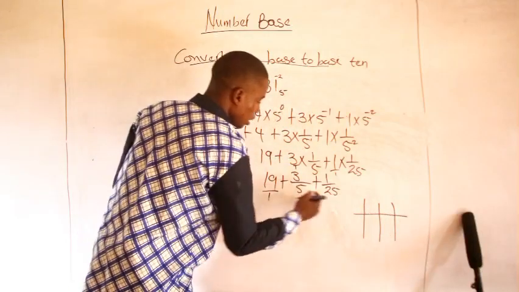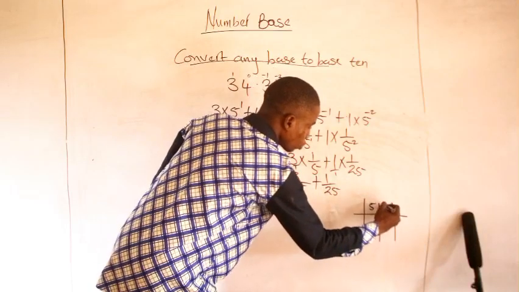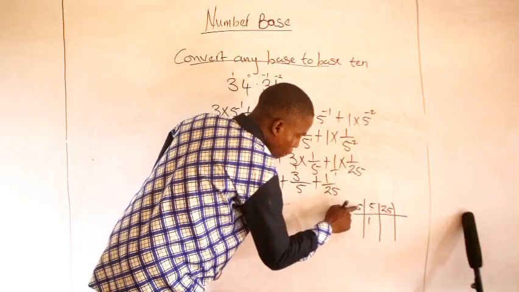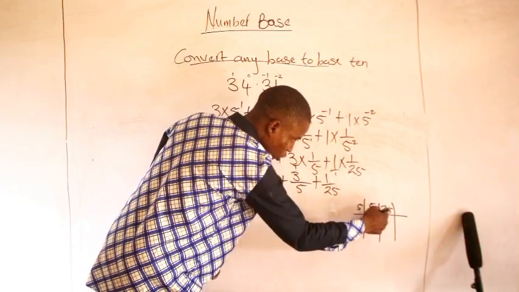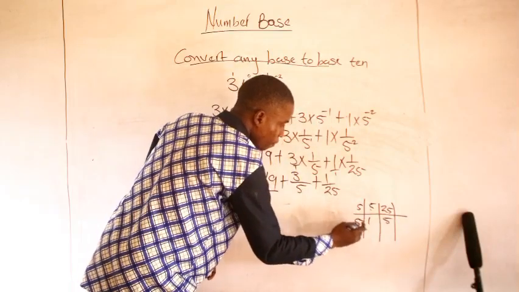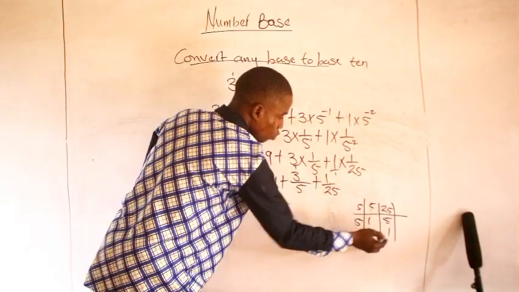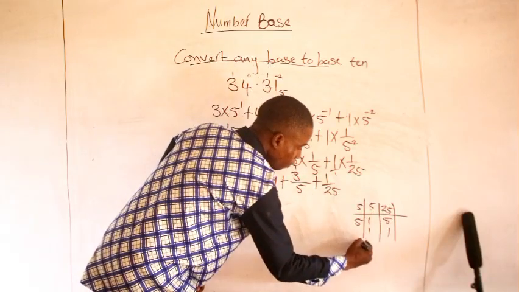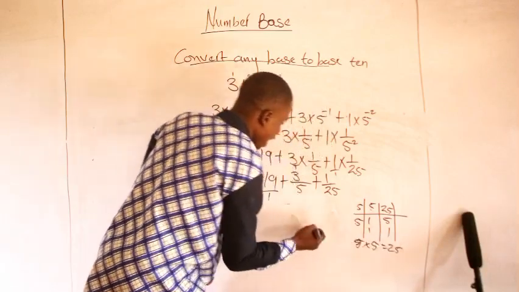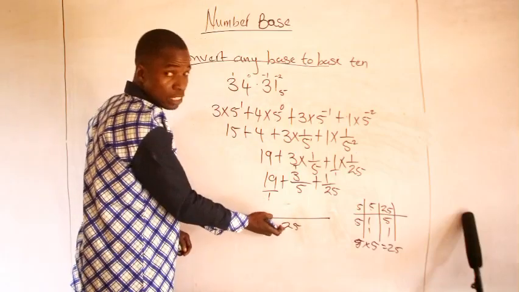You don't need to start from 1. 5 and 25: what can go? 5. 5 here gives 1, and 5 here gives 5. What can go again? 5. 5 in 5 gives 1, and 5 in 1 gives 1. This one times this: 5 times 5 equals 25. So our LCM now is 25.